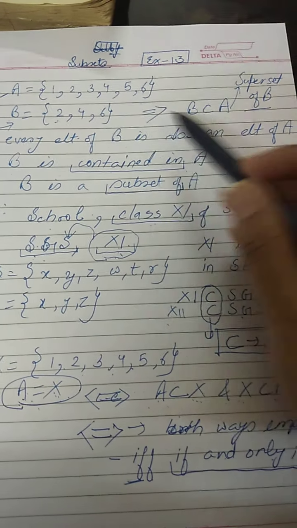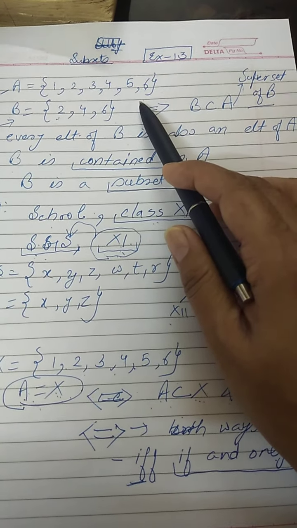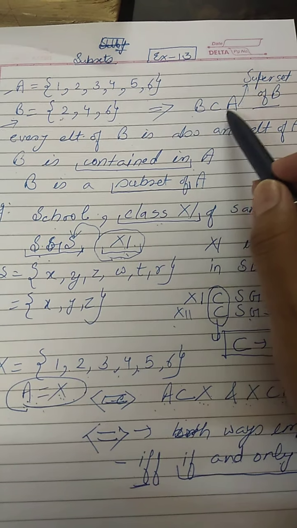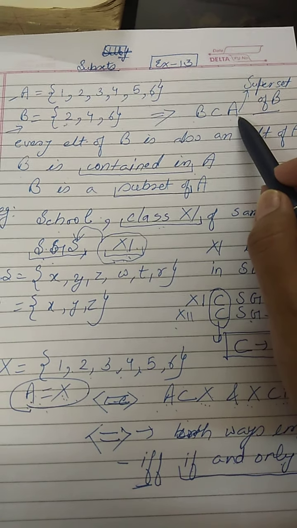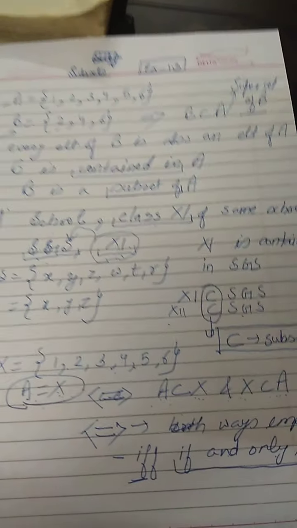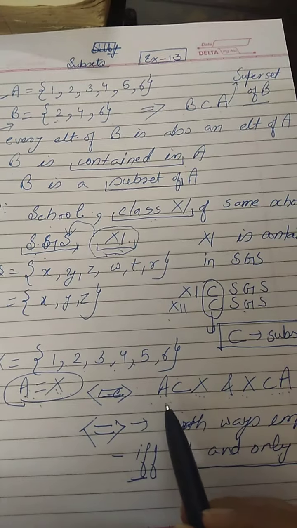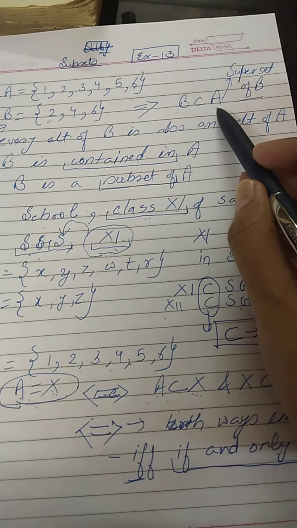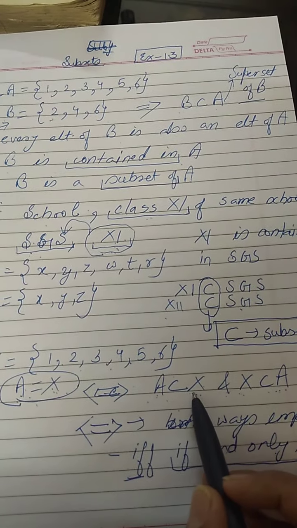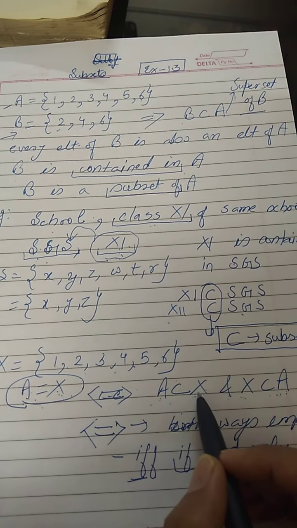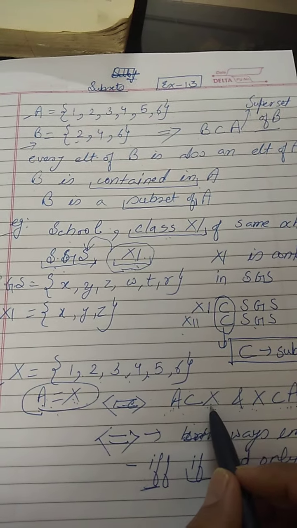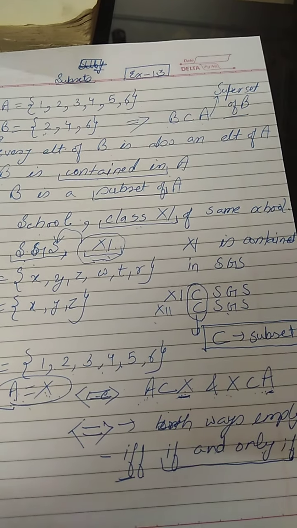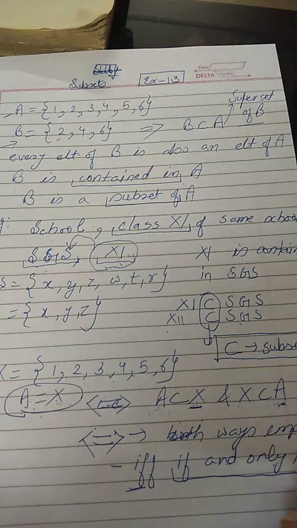B is a subset of A if every element of B is also an element of A, and B is completely contained in A. And if B is a subset of A, we will call A a superset of B. Here I want to make a difference between these two things, because we are using A is contained in X and X is contained in A, and here I am writing B is contained in A. When A is contained in X and X is contained in A, it means A is a subset of X and also A is equal to X. Here I will not say X is a superset of A, and I will not say A is a superset of X, because they are equal.